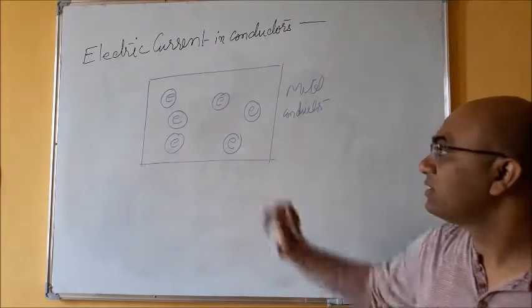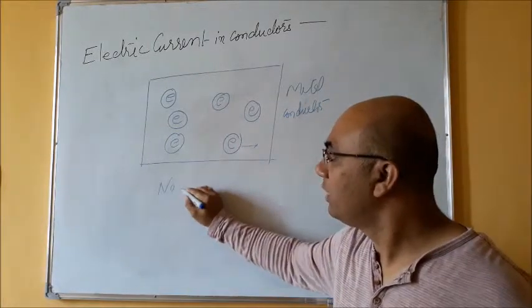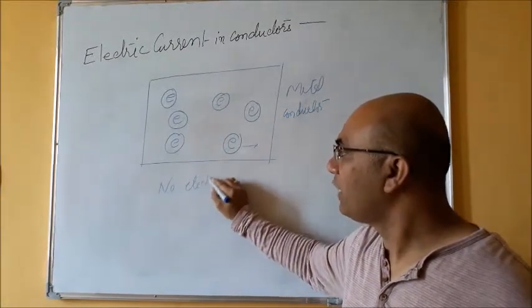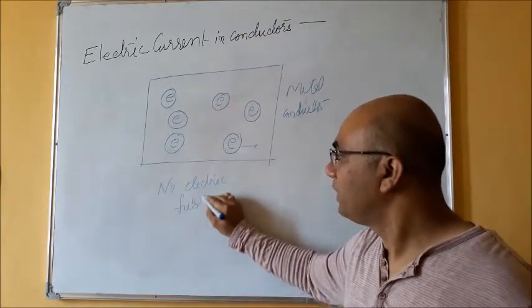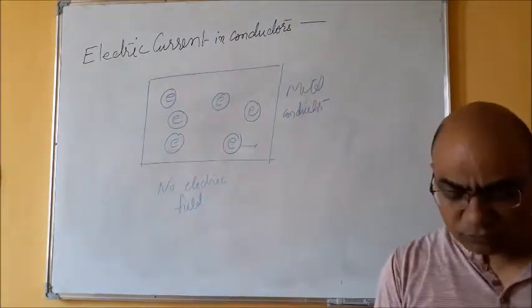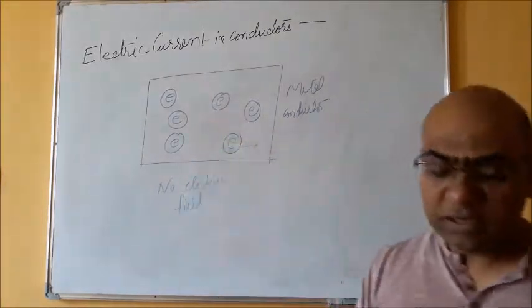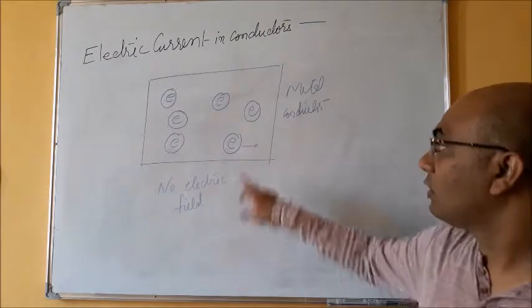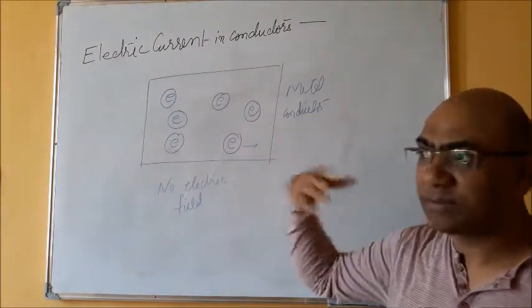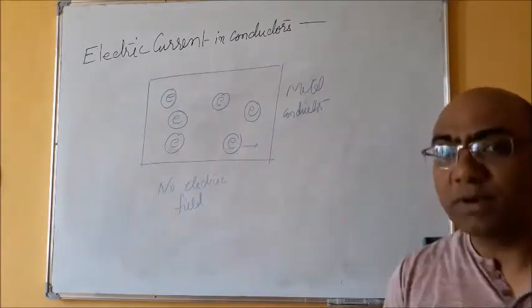What does this mean? This means, if there is initially no electric field, okay, I am talking there is no electric field, so what will happen? There are positively charged nucleus and negatively charged electrons. On this electron, some nucleus will provide an attraction force, and other electrons will provide a repulsion force.